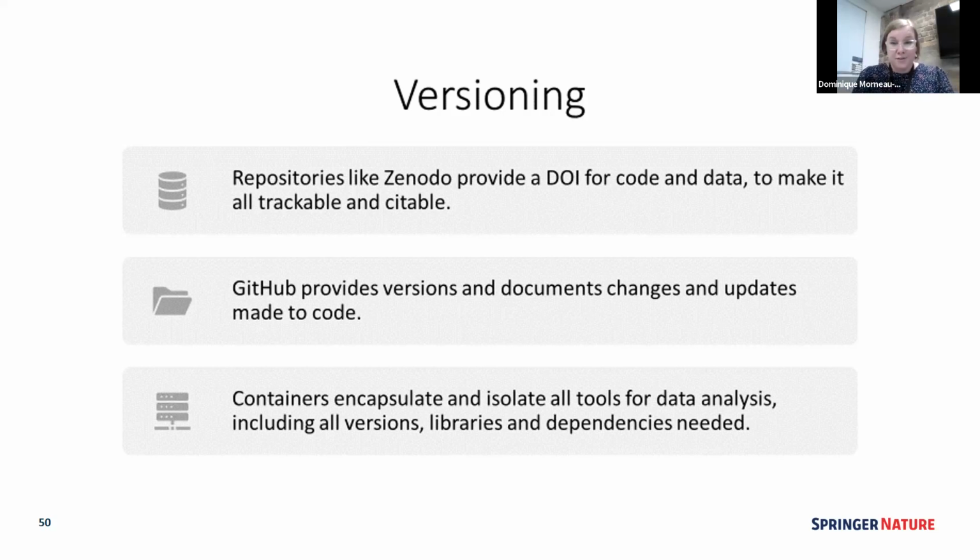And finally, containers are another really great way to maintain a certain version of the code. With containers, all of the code, the tools, libraries, dependencies, and sometimes test data that are needed to run it are kept and isolated within a container that's then downloaded and run independently. So Allison mentioned CodeOcean.